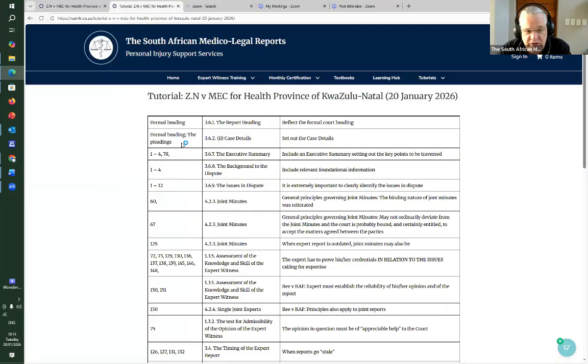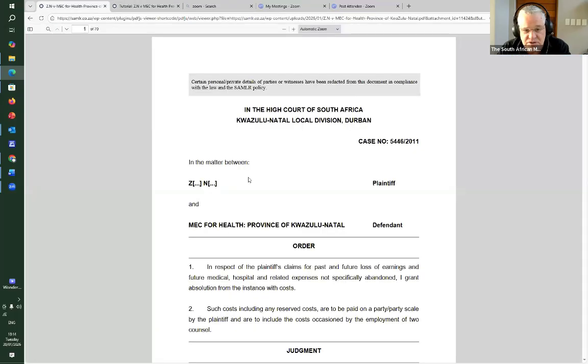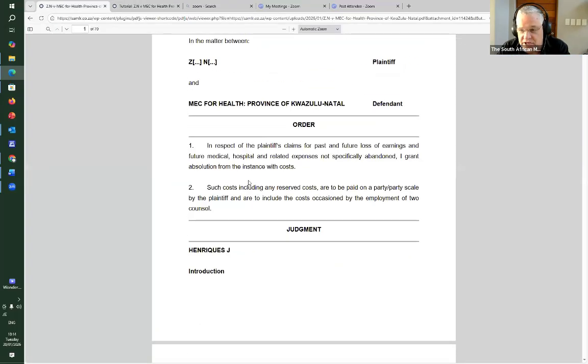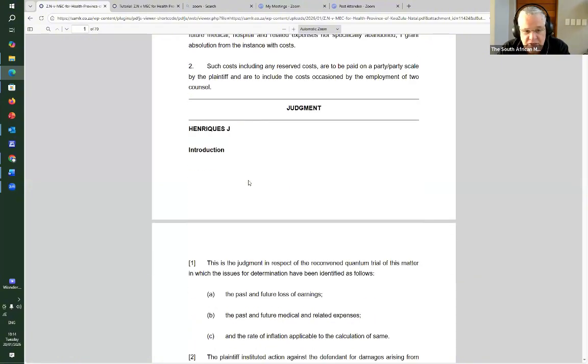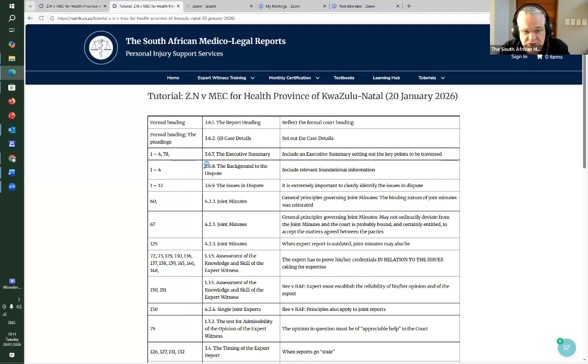Then we have, insofar as the pleadings are concerned, I just want to take you through how Judge Hendricks approaches her judgment. So she starts off with introduction. And just to demonstrate, you'll see from the approach which we take, and we emphasize this when we deal with the expert report, it's very important to set up the content of what it is that you're going to be dealing with in your report.